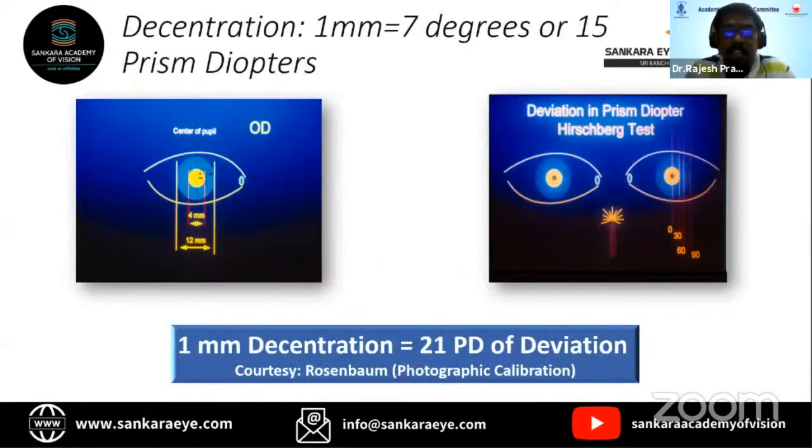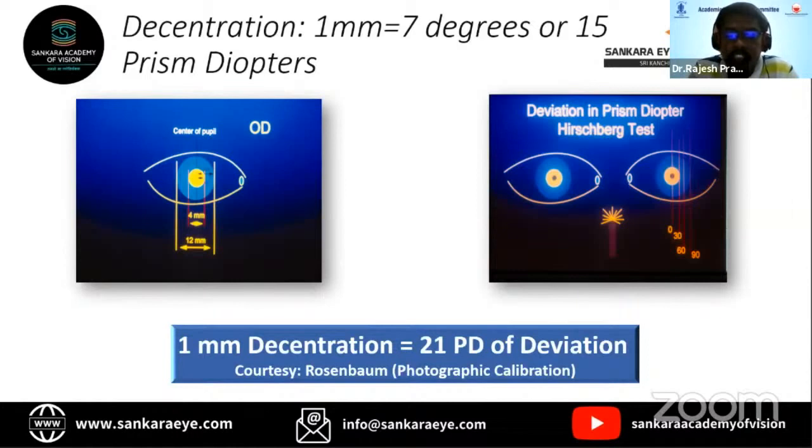The normal thing which we pediatric ophthalmologists follow is that 1 millimeter of decentration is equivalent to 7 degrees of arc, which corresponds to about 15 prism diopters. This is calculated considering a pupillary size of 4 millimeter and a corneal size of 12 millimeter.